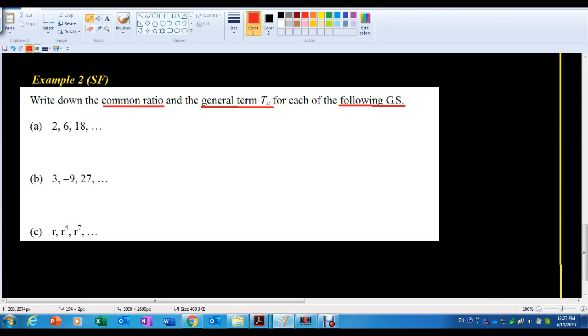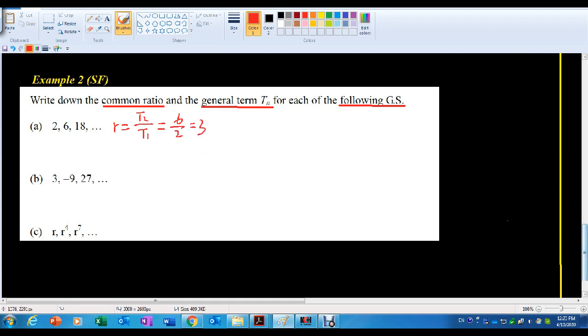Okay, how could we find the common ratio? Remember, for the common ratio, you always need to use a term divided by its previous term, right? So let's see. For this one, R will just equal T2 over T1. That's 3. So that's the common ratio.